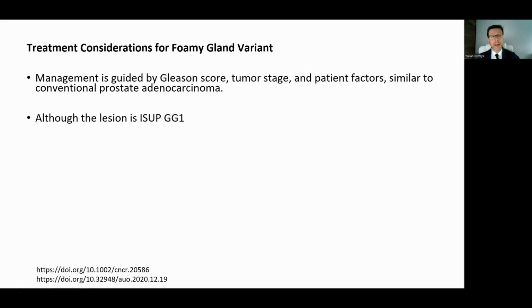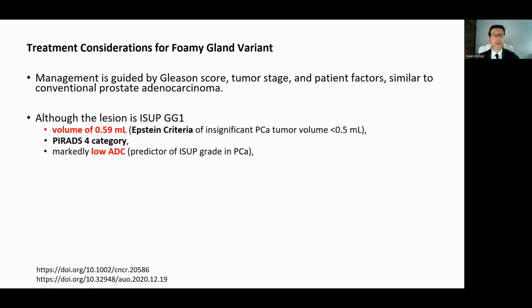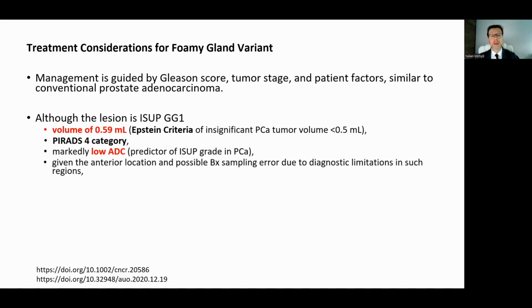Also, in our case, the patient has a lesion of ISUP grade group 1, the volume of which exceeds the Epstein criteria of insignificant prostate cancer, a PI-RADS 4 category, a markedly low apparent diffusion coefficient, which is a known predictor of ISUP grade in prostate cancer, and anterior localization of the lesion, with possible biopsy sampling error due to the diagnostic limitation in such regions.